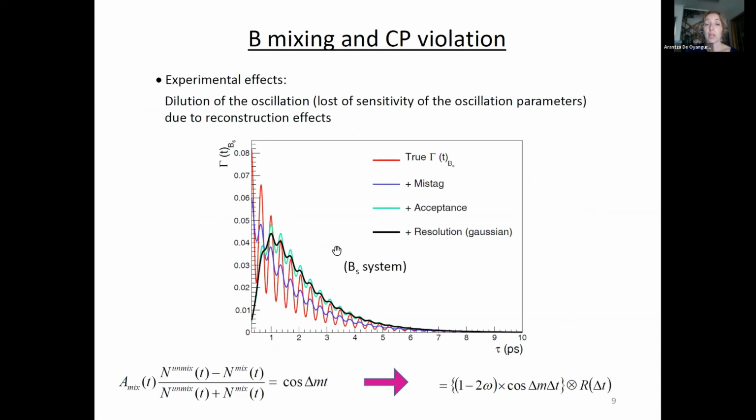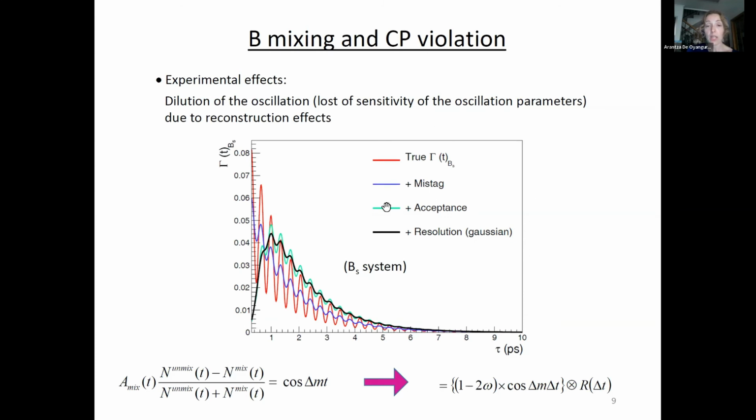Just to remind you, the effect of the mistag and the time resolution affects the oscillation quite a lot. You have a B meson oscillating between particle and antiparticle, with a big oscillation, and if you apply the different contributions from the experimental effects, at the end you will see that it is not so high.